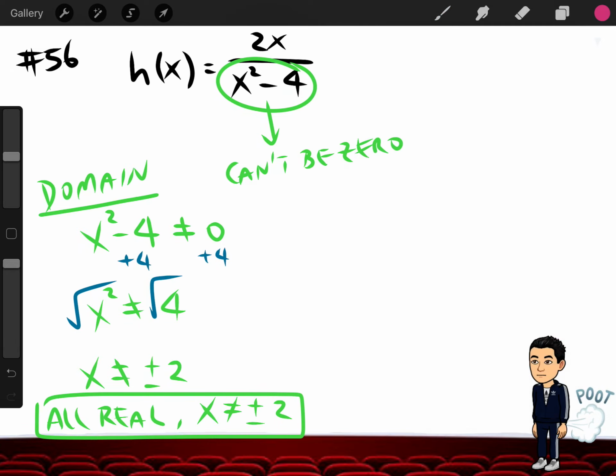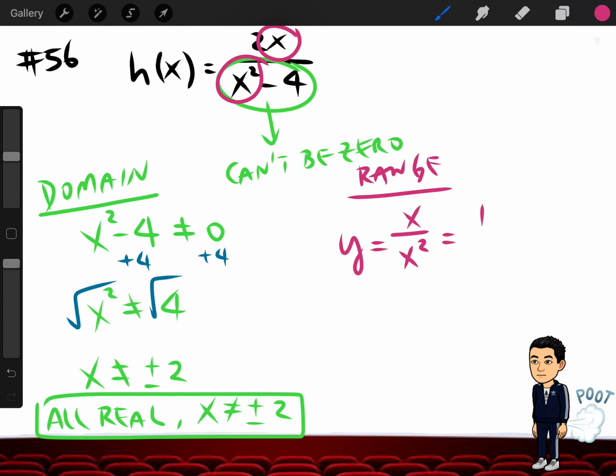Now, the range. It's going to be a little crazy here. What you're going to do for the range is pick the highest degree of the numerator, and then the highest degree of the denominator. So y is going to equal x over x squared, which equals 1 over x if you simplify it.